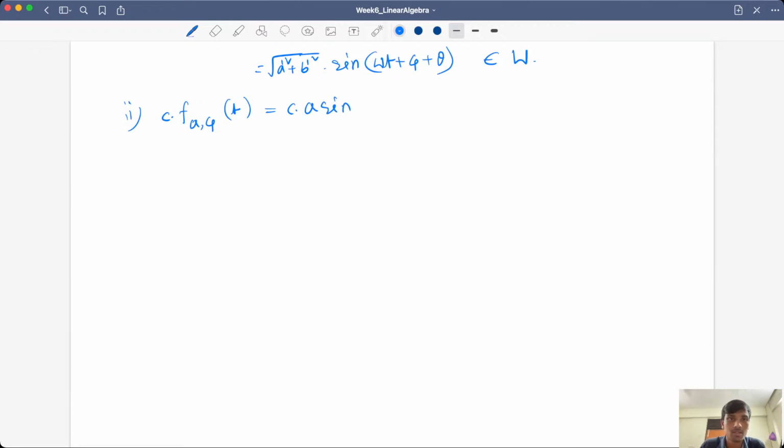Just let me write it here why this belongs to W. So this is nothing but f of root over a prime square plus b prime square comma phi plus theta, of t, so this belongs to W. In this same case you have omega t plus phi, but I can simply combine a and c together, and sine omega t plus phi.